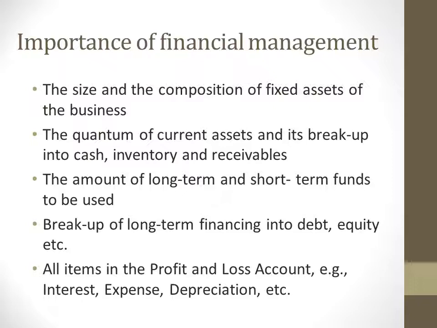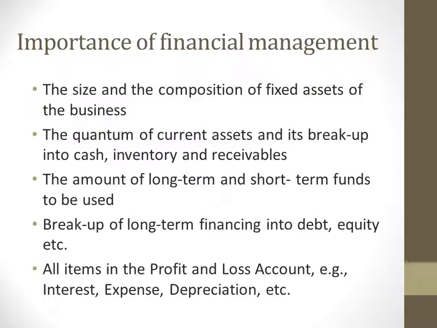If we are talking about the asset side, then we have to consider how much amount will be invested in the fixed assets and what kinds of fixed assets. The other one is how much will be invested in current assets, how much stock a company should have every time, and how much cash should be with a financial manager or the accountant.